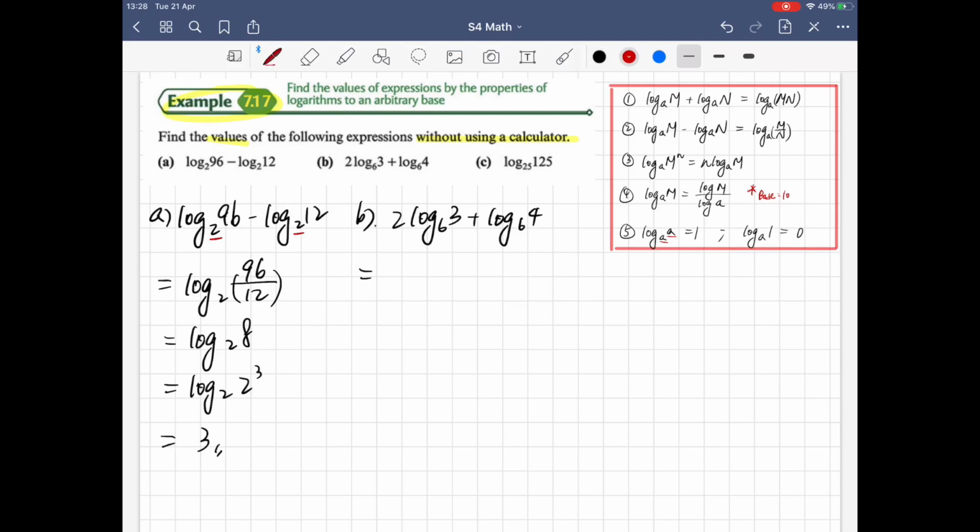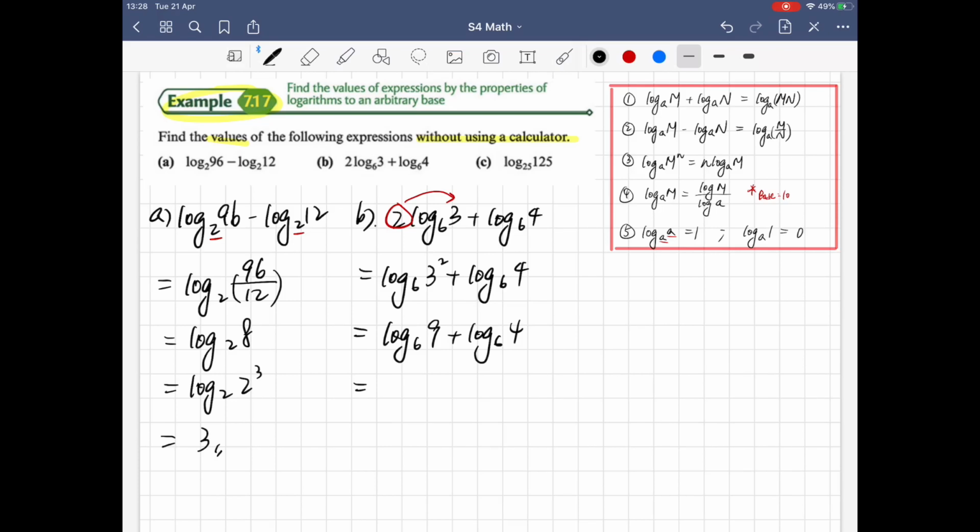But before that, there is a 2 in front of the log, and we can apply the property 3 so that we can put the number 2 back into the index. So that we have log 3 to the power 2 with base 6 plus log 4 with base 6.